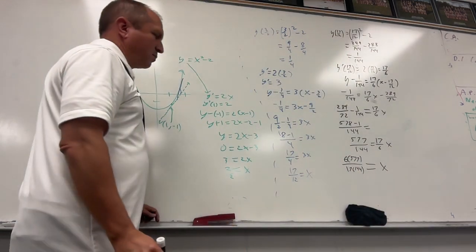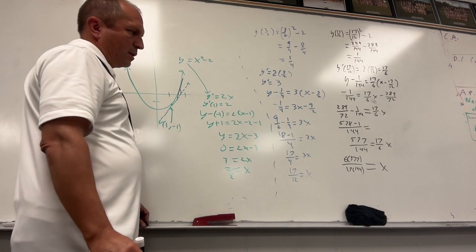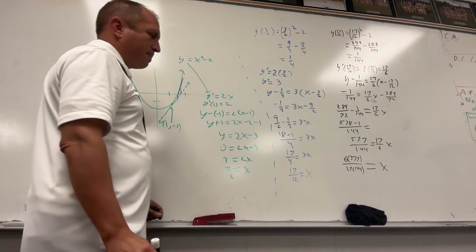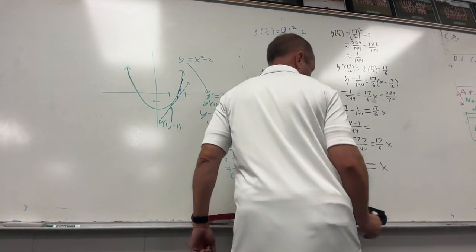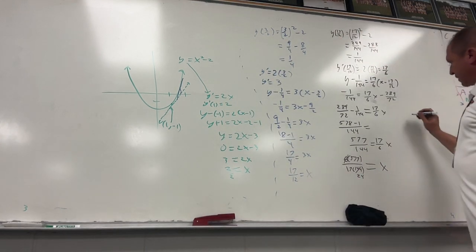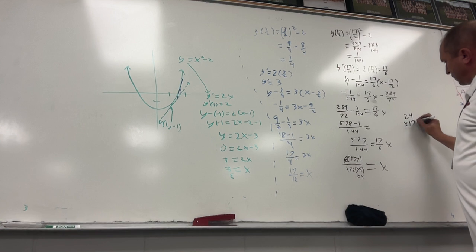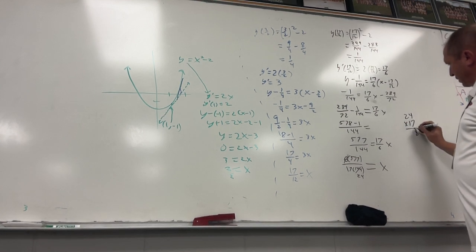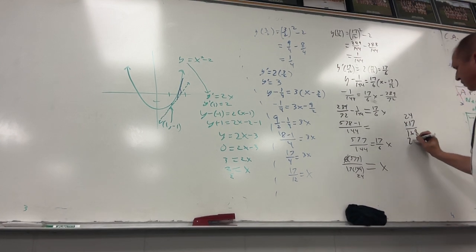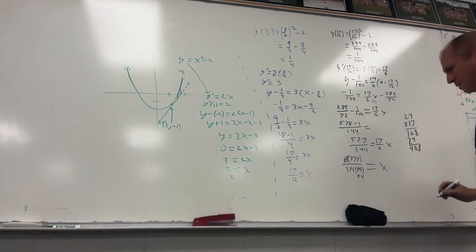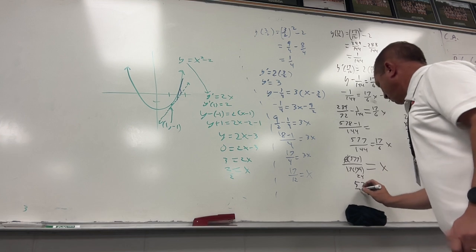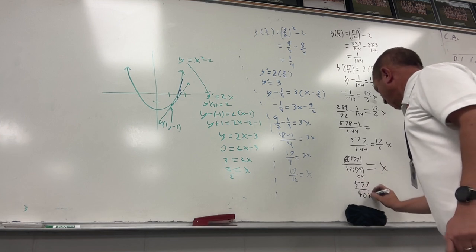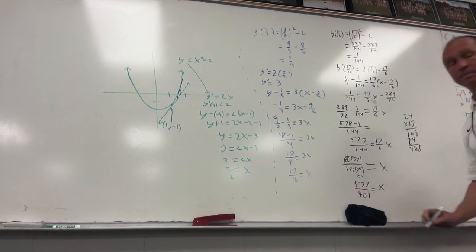All right, 6 into 144, that's 24 times. And then 17 times 24. 408. So I get 577 over 408 equals X.